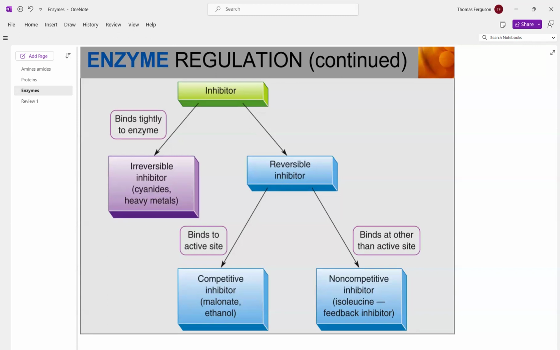Then there are reversible ones, and there are a couple different kinds: competitive and non-competitive. Competitive ones will sit in the active site to prevent the substrate from coming in, and the other one works by allosteric regulation.